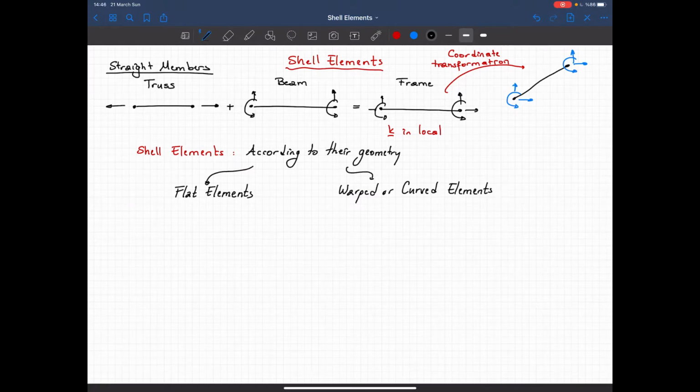Now the main difference between the flats and the warped elements is we can uncouple the stretching action, or the axial transformation, and the bending action in the flat elements. Okay, so let's put that as a note. So in a flat shell element, the stretching and bending effects are uncoupled.